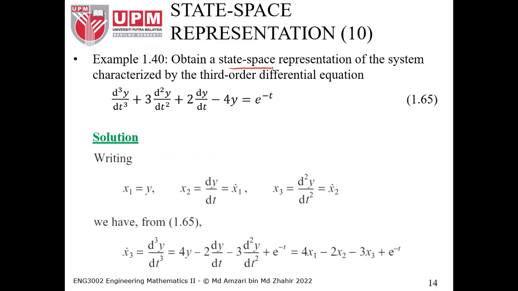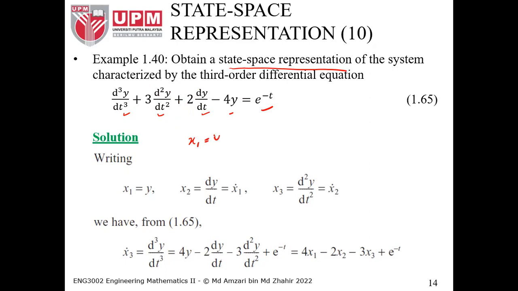Obtain the state space representation of the system of third order differentiation. When you get this type of question, you have d power of 3 y over dt cubed, plus 3 times the second differentiation, plus 2 dy over dt, equals 4x, plus an exponential function of t. So here we have x1, and we can write y as x1.